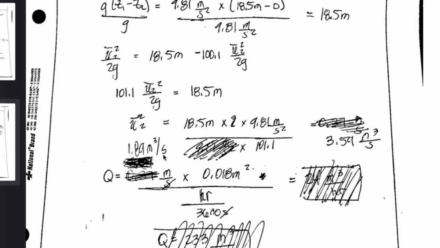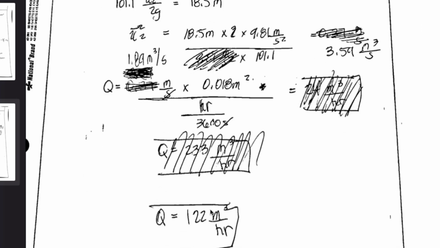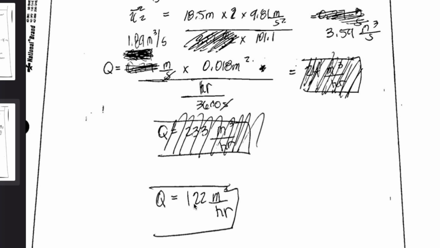So, 1.89 times the cross section area 0.018, and then we want it per hour, and I came up with 122 meters cubed per hour. It's right there. So there we go.